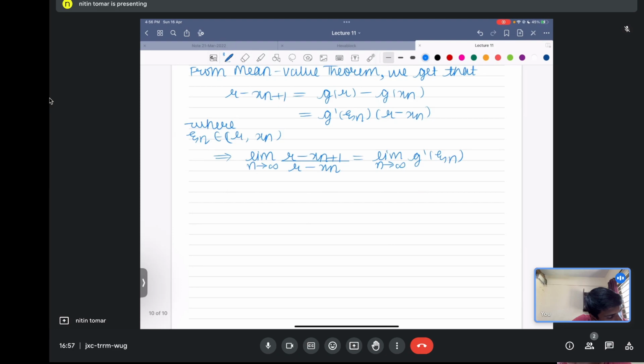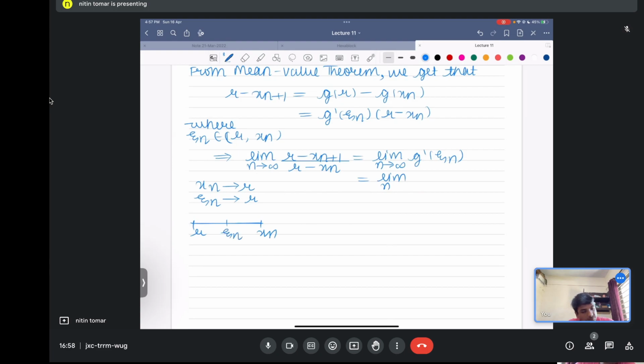And you see, as n goes to infinity, xn converges to r, which means ξn will also converge to r, right? Because this lies between r and xn, and ξn is here.